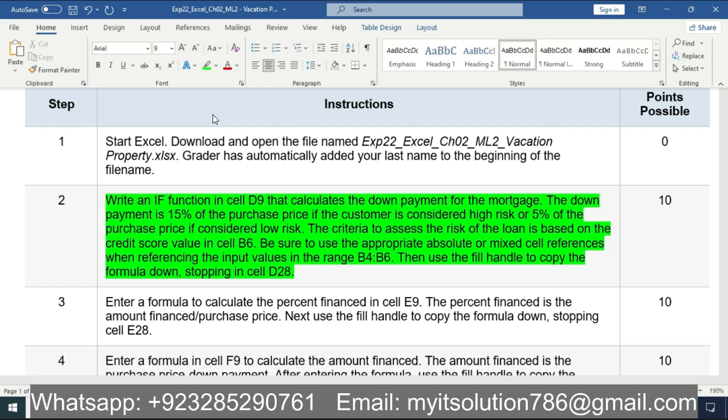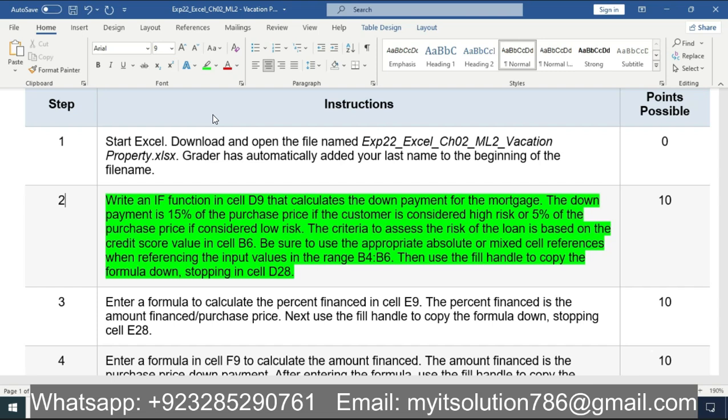The criteria to assess the risk of the loan is based on the credit score value in cell P6. Be sure to use the appropriate absolute or mixed cell reference when referring to the input values in the range B4 to B6. Then use the fill handle to copy the formula down, stopping in cell D28.